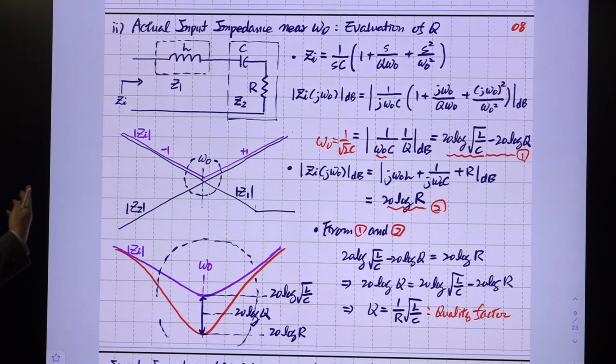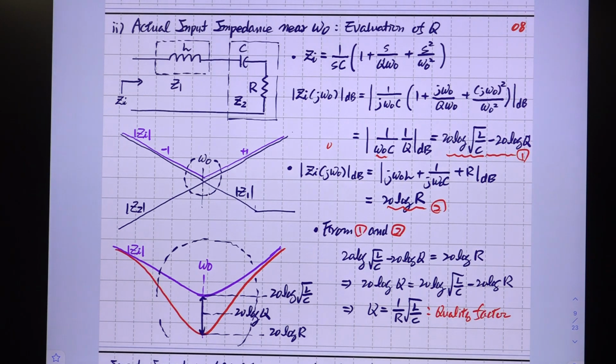Okay? In the previous example, we used the original definition of the ratio of energy stored and dissipated, and now we have derived it using some circuit analysis technique. Let me delete this. This will confuse you.